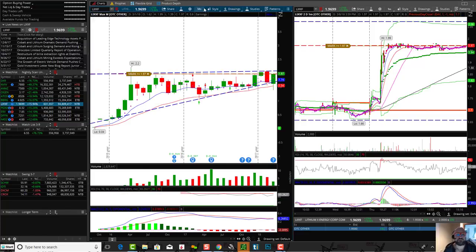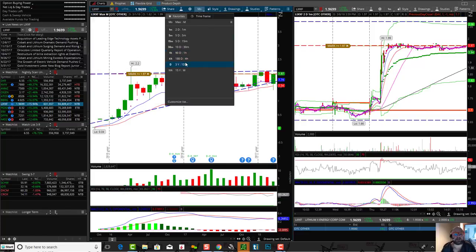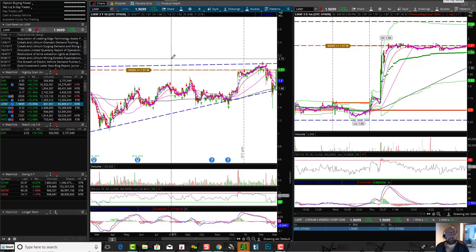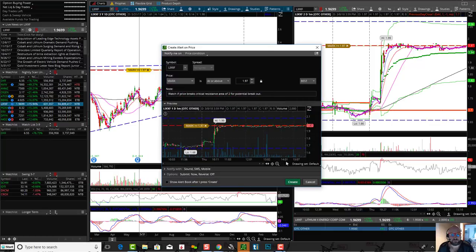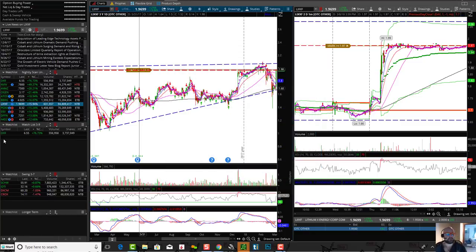Yeah, nothing else. So 2.20 is really that area of potential like major resistance. So 2.20 is all-time high. So if $2 breaks, it could, who knows, it can go into no man's land.